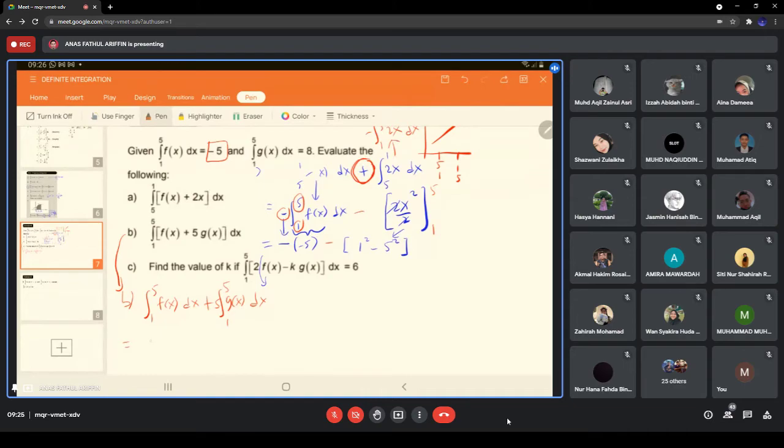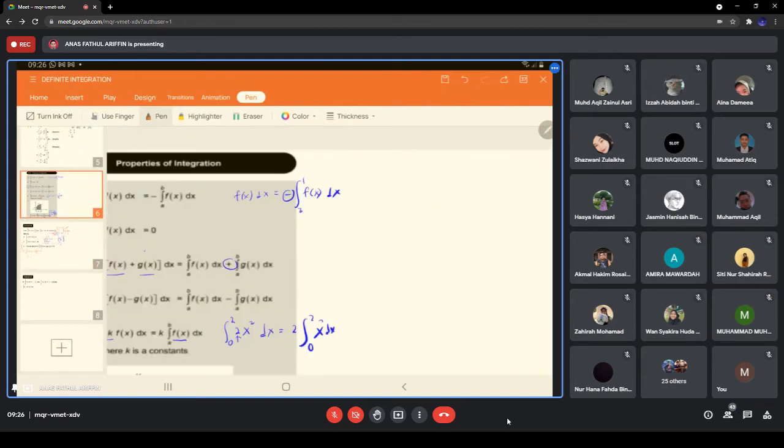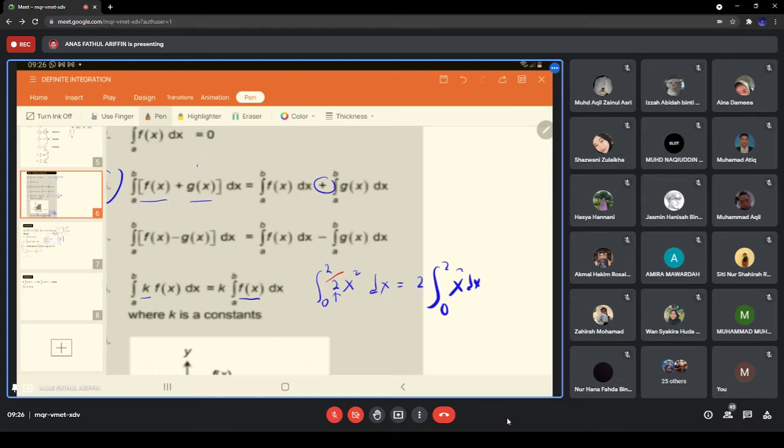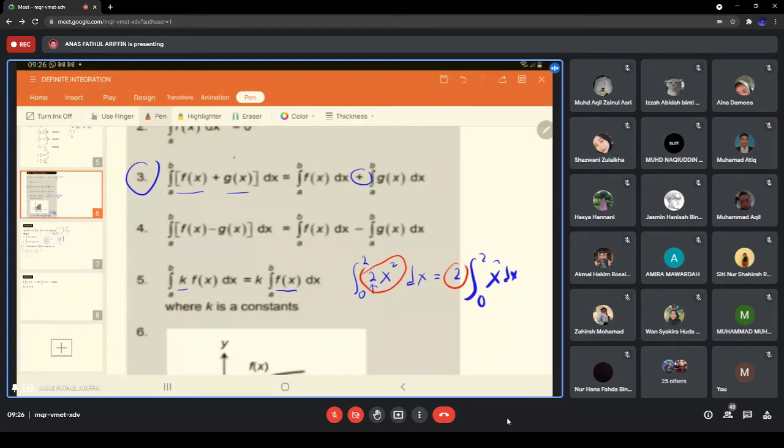So we just write -5, we don't need to do the process of integration. And then this one, we have 5 dx, so we can do the property number 5. Kita boleh splitkan dia, macam tadi saya buat. 2x square, property number 5, we can write as 2 times integration from 0 to 2x square. So kita boleh keluarkan dia punya constant tadi.